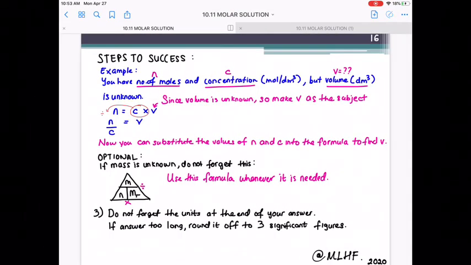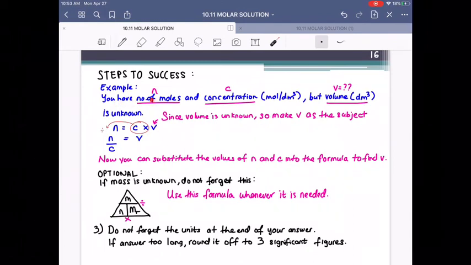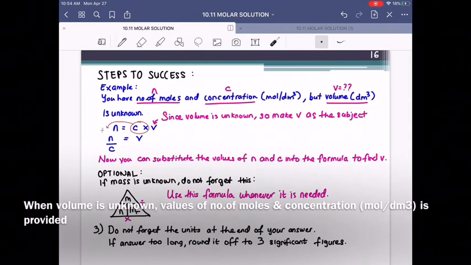Such as, you already have number of moles, I label it as N, concentration as C, but the volume is question mark, in dm³, and concentration make sure is mole per dm³. So you change the subject, you write the famous formula, number of moles is equal to concentration times volume.